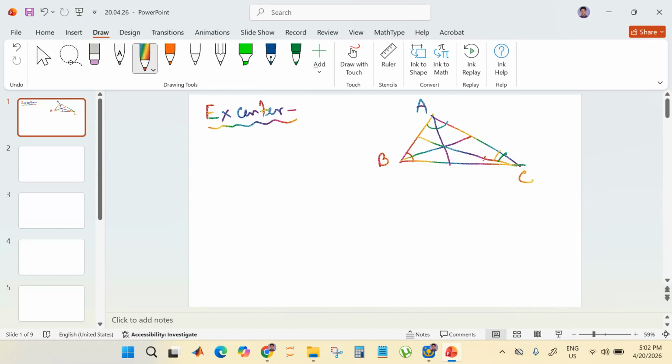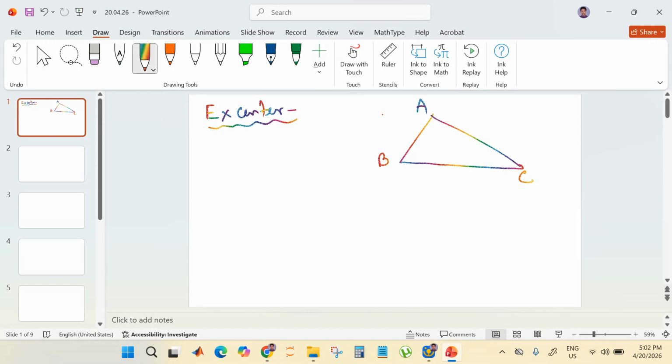Internal angle bisector means the angles that are formed are equal. So if I join the external angle bisectors, then the excenters are formed. But another piece of information you have to note: there is only one incenter for a particular triangle, and for excenters there are three.